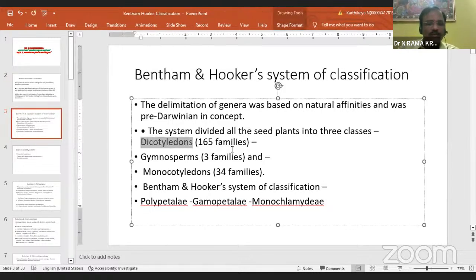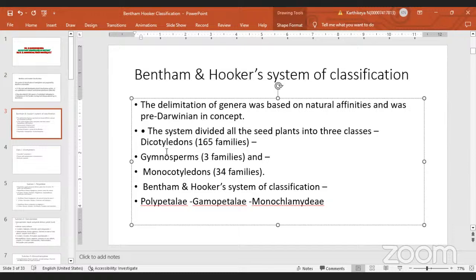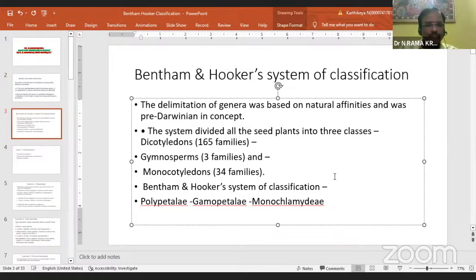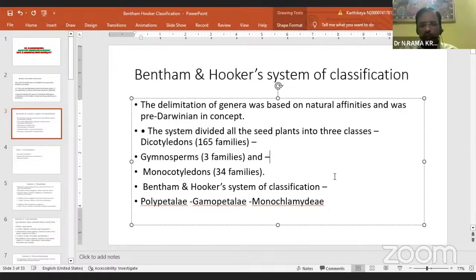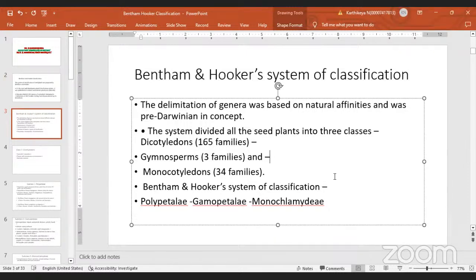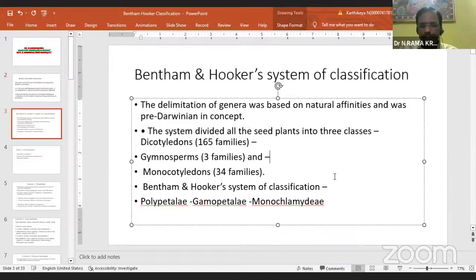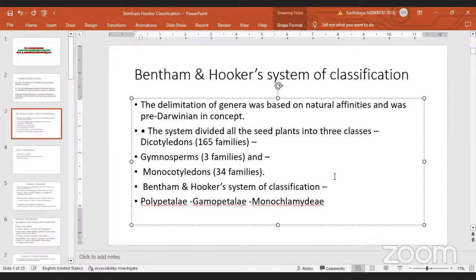What is the first one? Dicotyledons. Very good. What is the second one? Gymnosperms. What is the third one? Monocotyledons. Is it clear now? How many classes? 3 classes, for the entire plant kingdom.